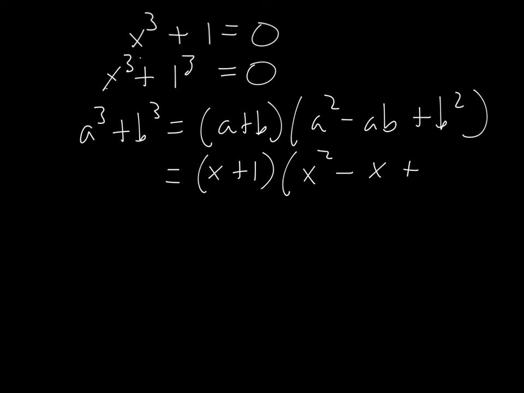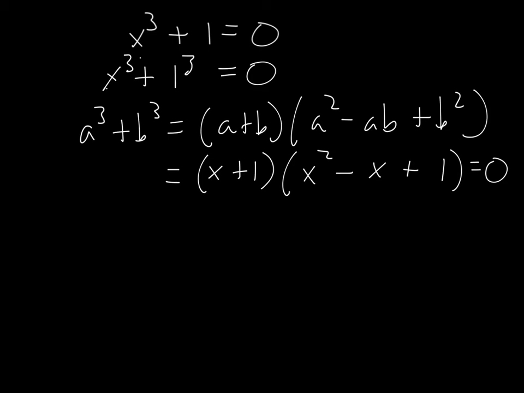Well, b is 1, don't forget. So b is 1, so 1 times 1 for b squared is 1. And that has to equal 0. Don't forget, we have a problem up here. It's this thing equals 0.